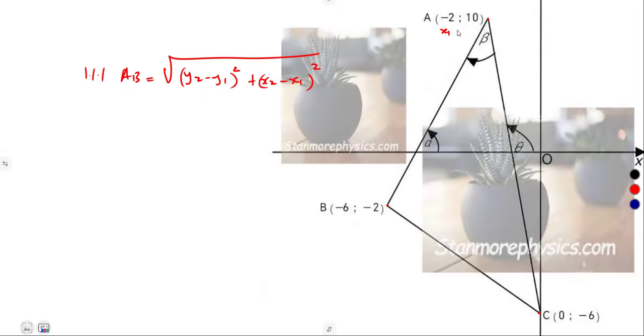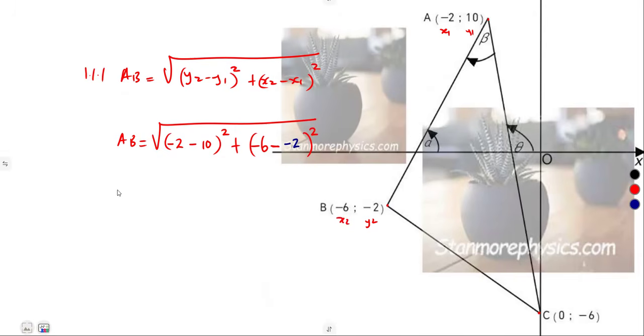So that's our A. I'm just going to call it x1, y1, and this is x2, y2. So substituting into the length formula, or the distance formula, y2 is -2 minus y1, which is 10. We are supposed to square this. Then x2, that is -6 minus our x1, which is -2. So this is what we're going to have, and we must square this. A negative and a negative is going to give us a positive.